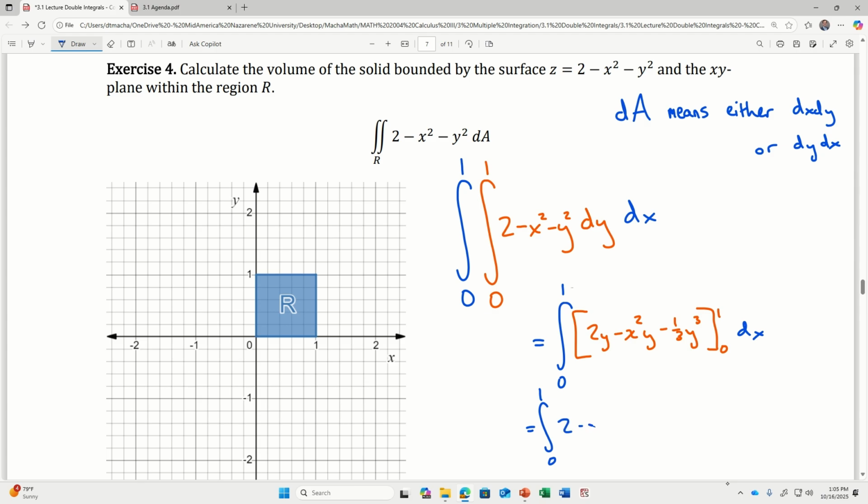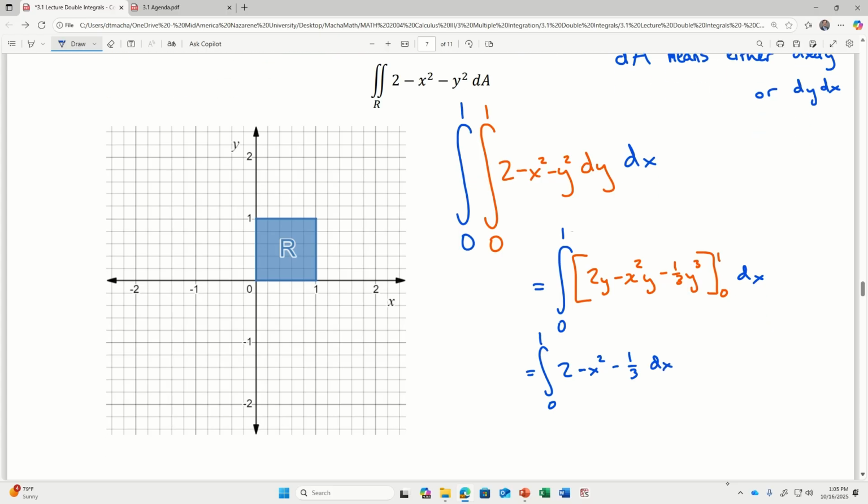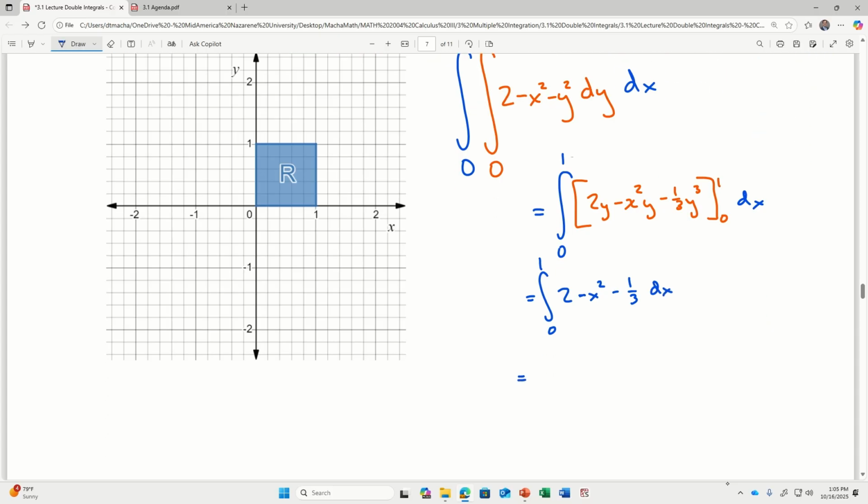That's 2 minus x squared minus 1/3. Which will be 6/3 minus 5/3 x minus 1/3 x cubed.